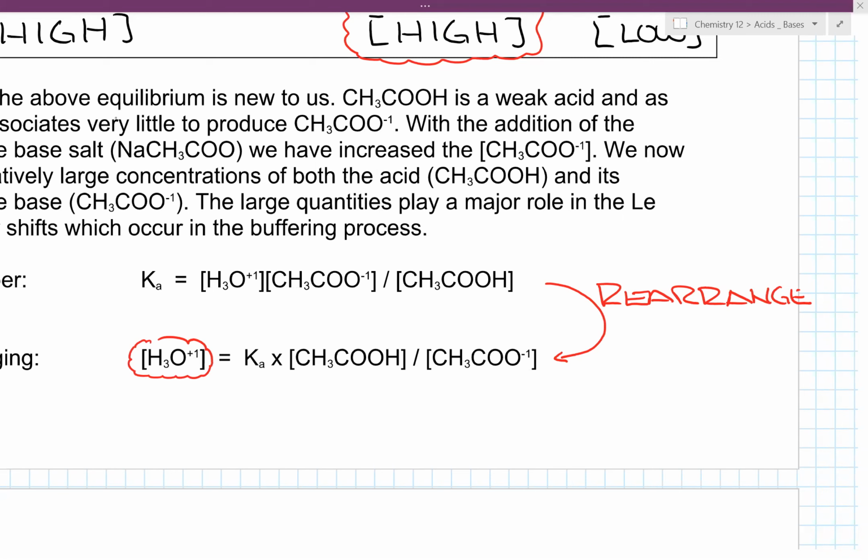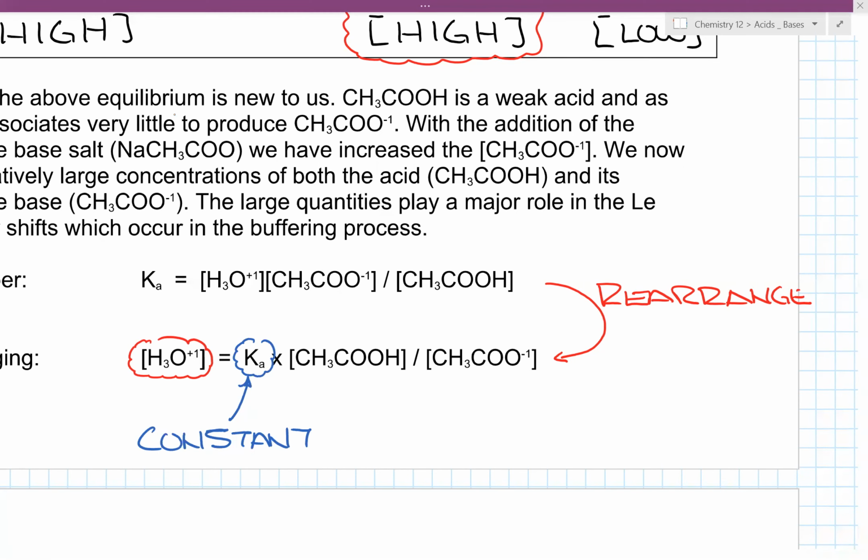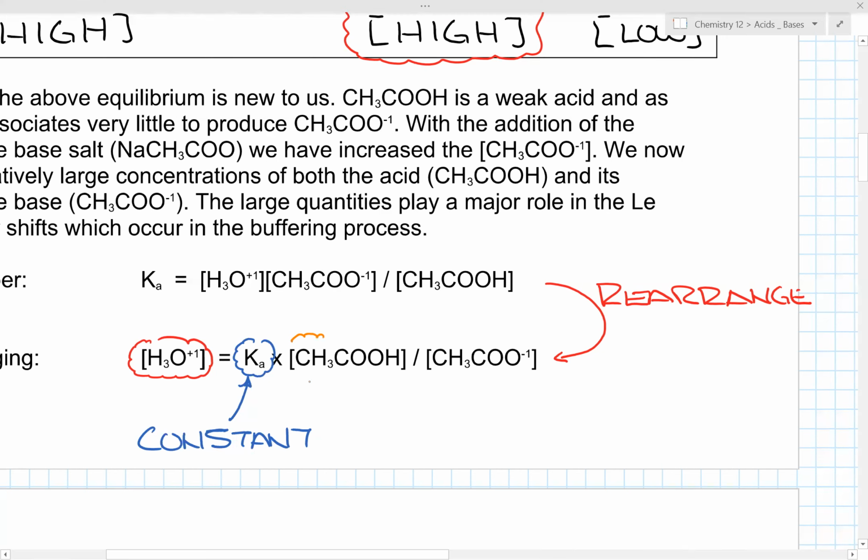One key thing you should notice: the Ka value here is always constant. Remember, K values are constant. So basically, the H3O plus is dependent upon the ratio of the acid and its conjugate base ion.